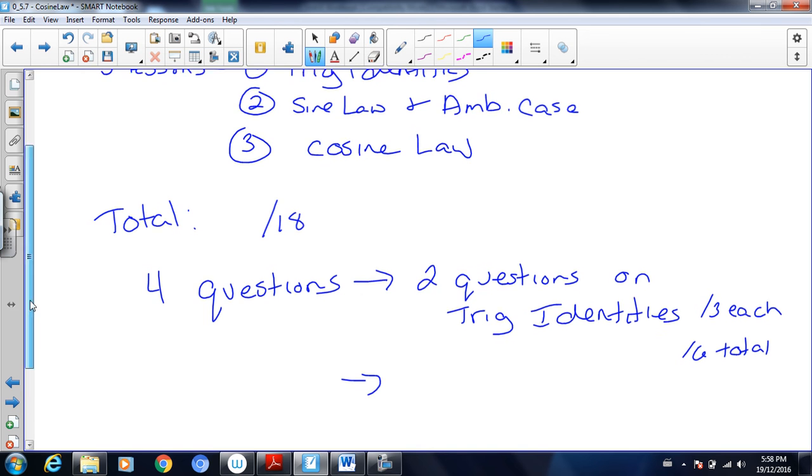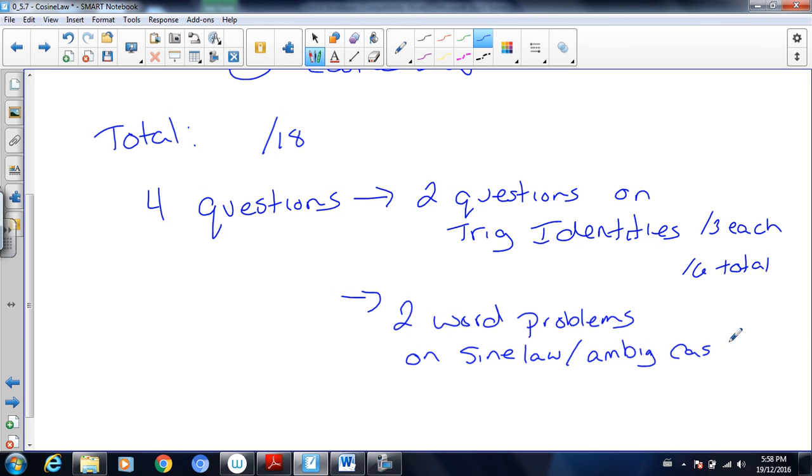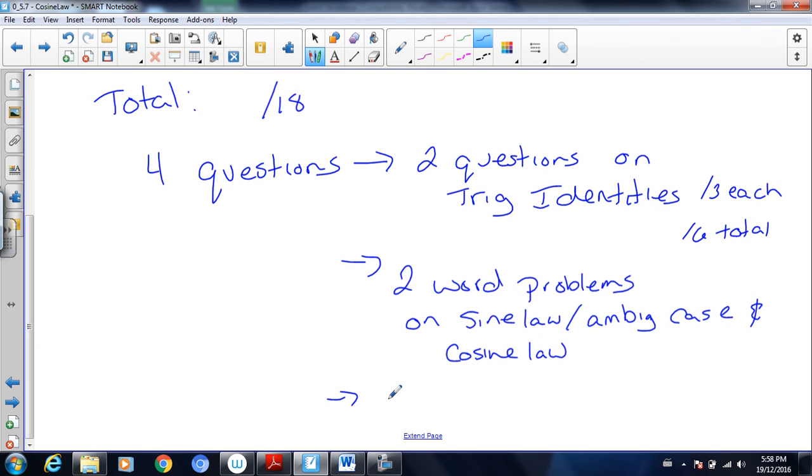And then you will also have 2 word problems on sine law / ambiguous case, because you don't know if you have to check for that, and cosine law. And then one just straight, I give you the angles and the sides and you have to solve.